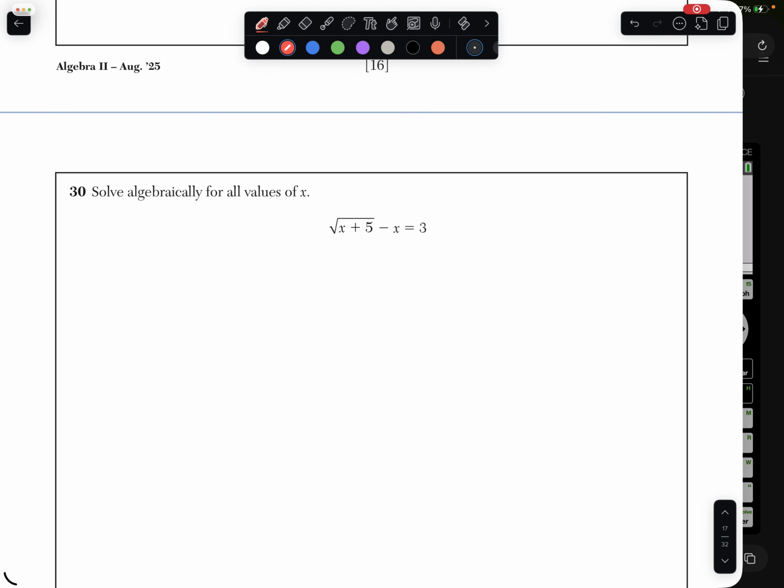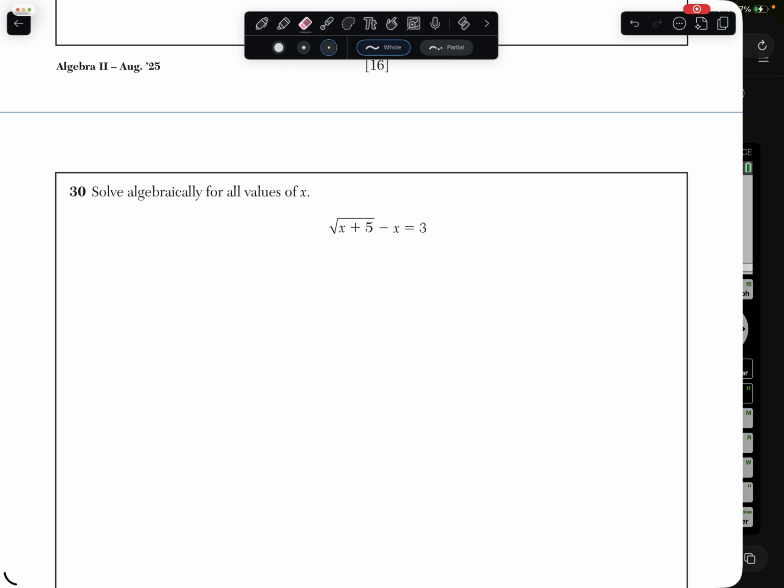Okay, algebraically solve for the value of x. Here we have an equation involving a radical, and if it has a radical, we know that whatever's inside has to be greater than or equal to 0, or else we can have extraneous solutions. Or, after you solve this equation, you can plug in and check.